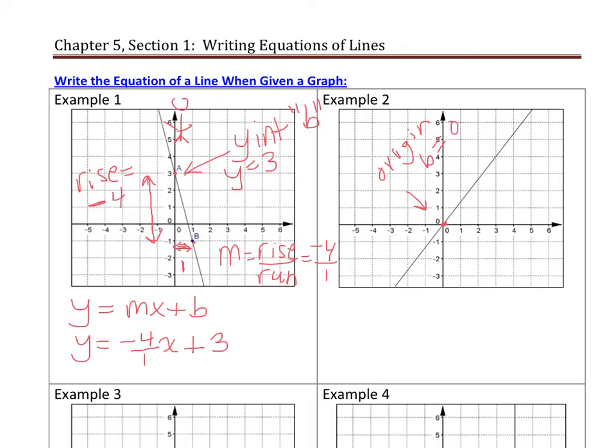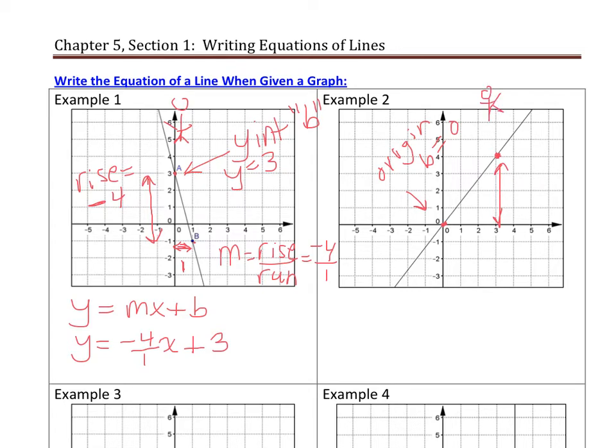Okay, and now we have to keep going up that line. So travel up the line and see where the line crosses right on the grid. And I see the first place it does so is right there. So I'm going to mark that point. And now I've got to get the rise. And our slope is positive because we are climbing uphill.